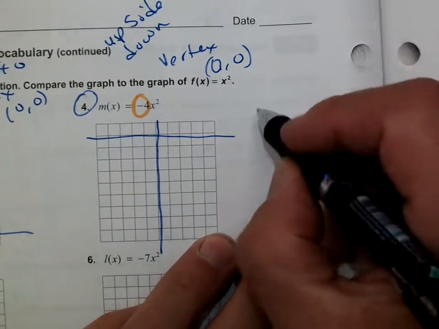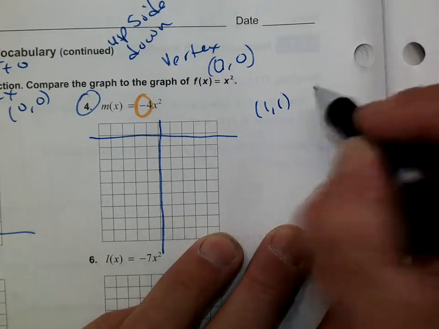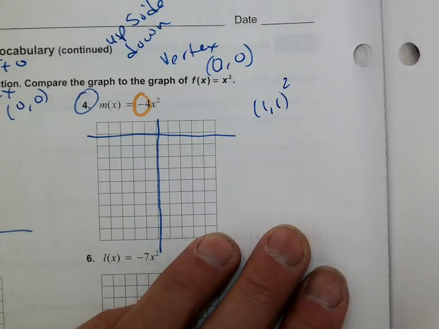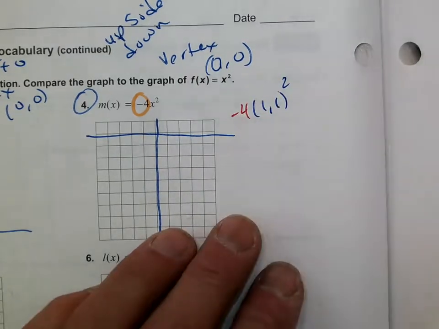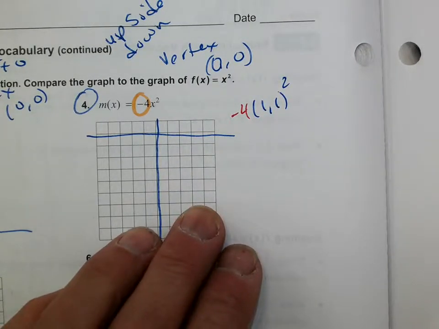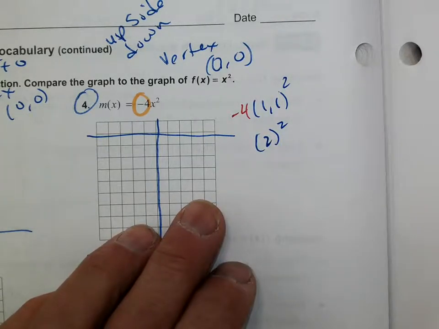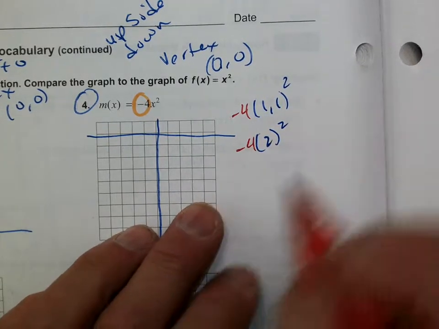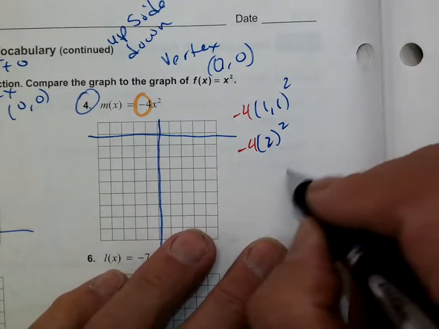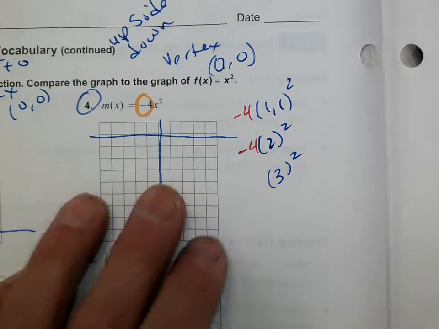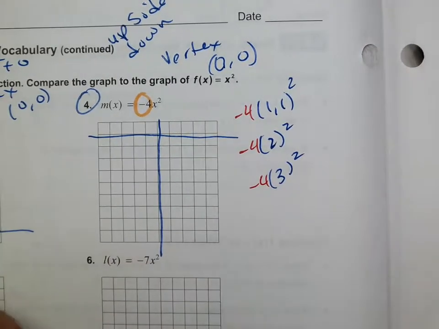So when we do 1, 1 squared is 1, but we're going to multiply that times -4, so we go to -4. We do 2 squared is 4, but times -4 it's -16. 3 squared is 9, but we go -4 times that, -36.